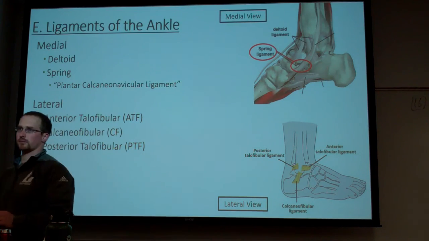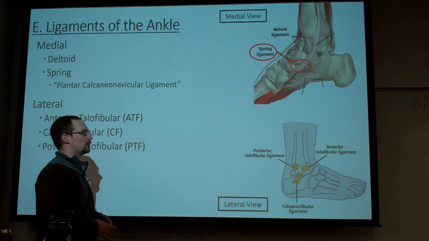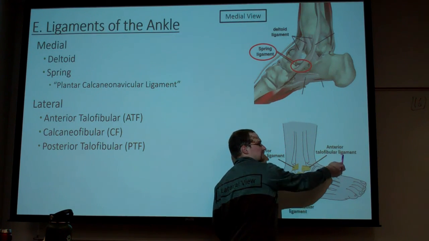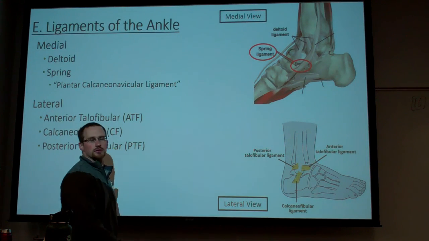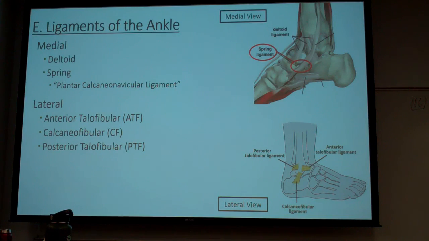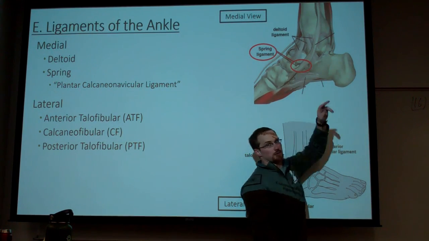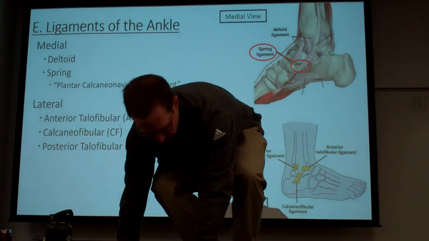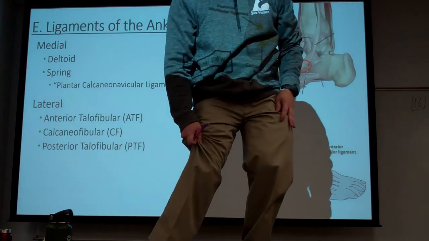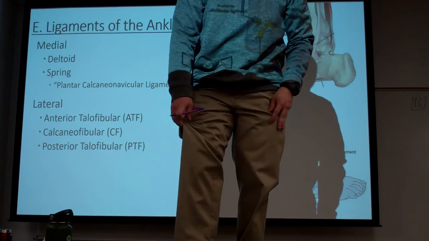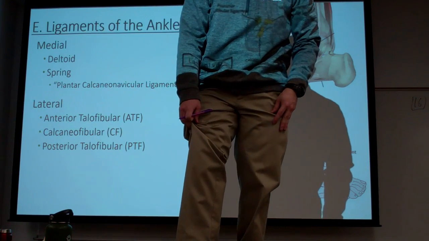So if you've ever rolled an ankle, you've got a better chance that it was the ATF ligament. Most of the time, we do not sprain these other ligaments. I'm going to come in here. Rarely can you ever see anybody sprain an ankle like this. Most of the time, it's always going to happen like this.